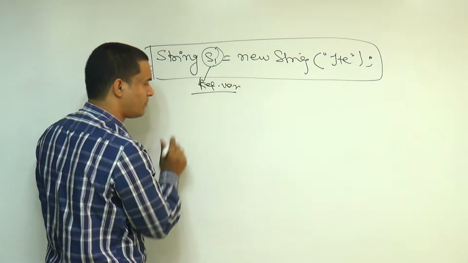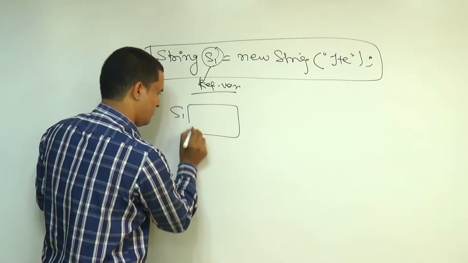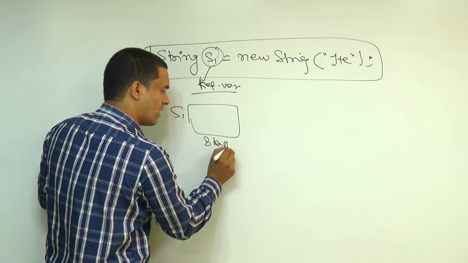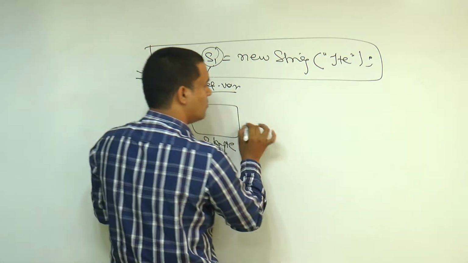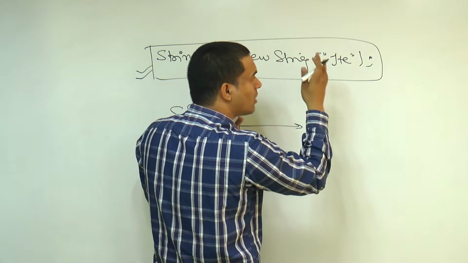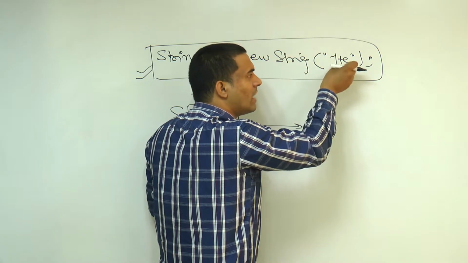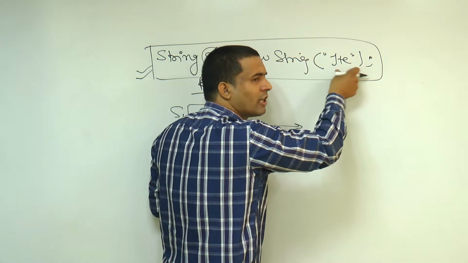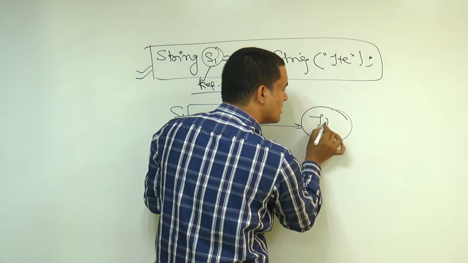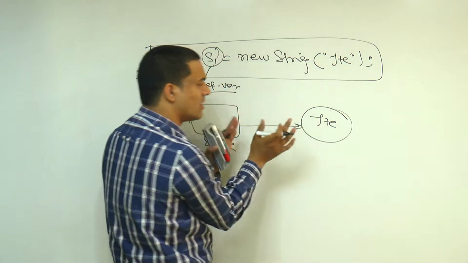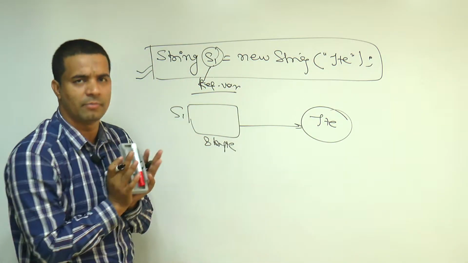Hope it is clear. So s1 is going to take 8 bytes of memory. I am not concentrating on where exactly memory will be allocated for this JTC or string literal, but I am just saying that this JTC, or this string literal, got some memory, right?